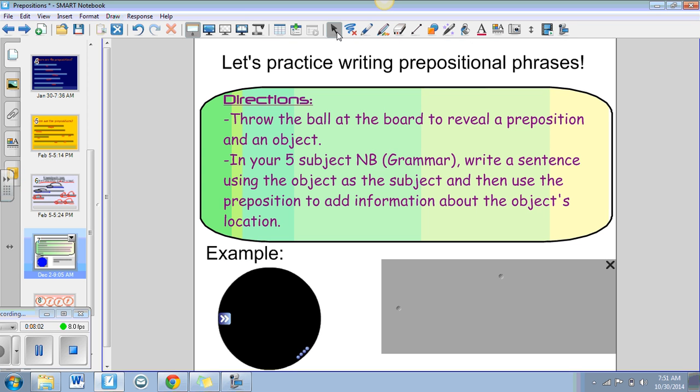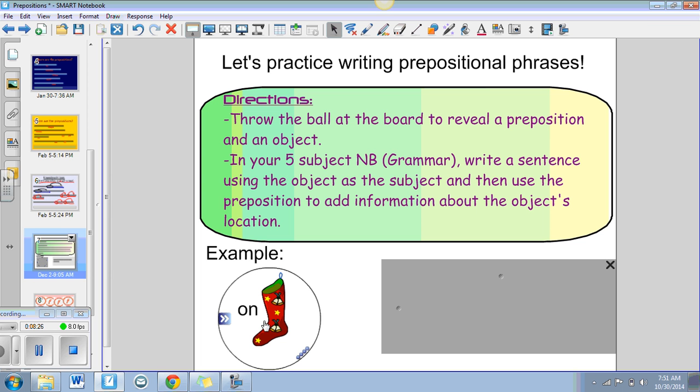All right, what I'd like for you to do is practice writing prepositional phrases. I'm going to reveal to you a preposition and an object, which is your noun. Under the notes that you've been taking, I want you to write a sentence that uses the object as the subject and then uses the preposition to add information about the object's location. So here is my preposition, on. My object is a stocking.